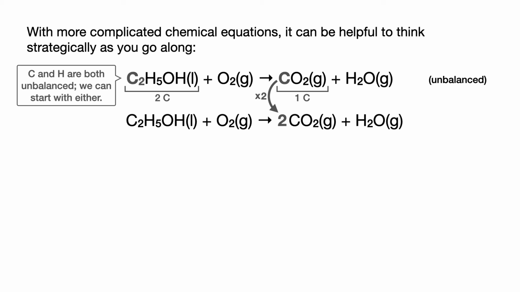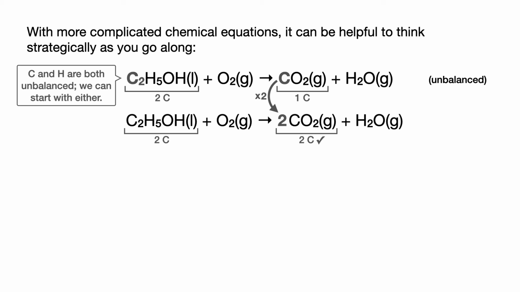And so that gives us our chemical equation C2H5OH plus O2 gives us 2 CO2 plus H2O. Now we still have 2 carbons on the left and we have 2 carbons on the right, so that takes care of carbon. Now if you look carefully, the hydrogen is still unbalanced, and actually we've broken the oxygen.